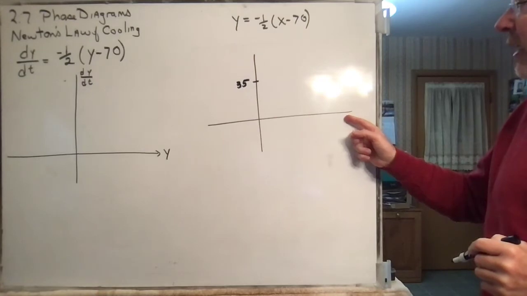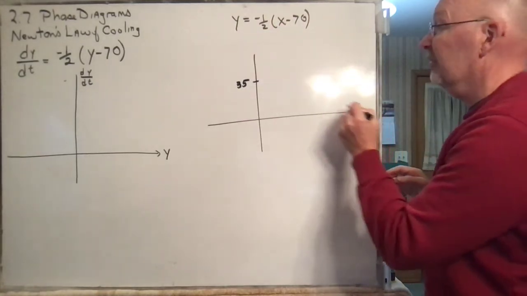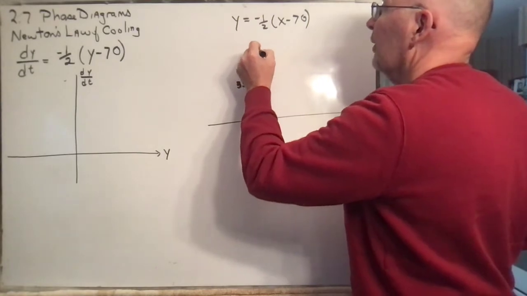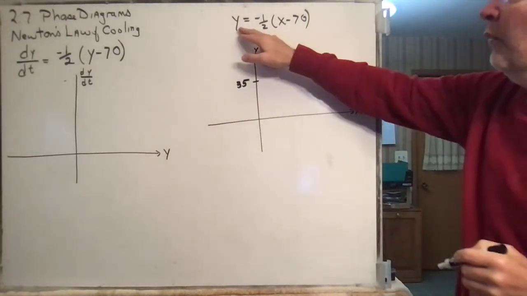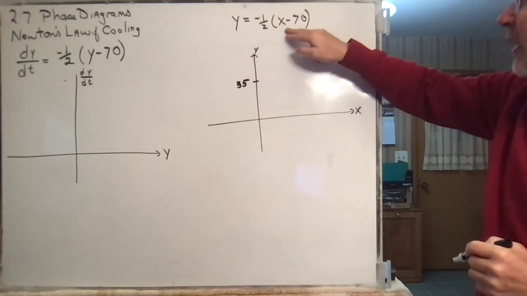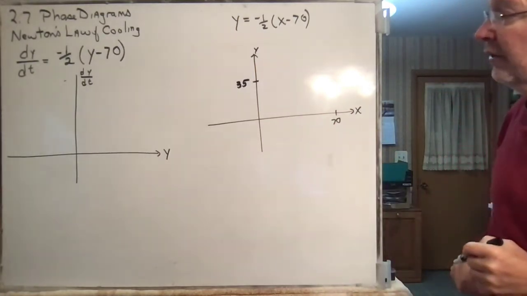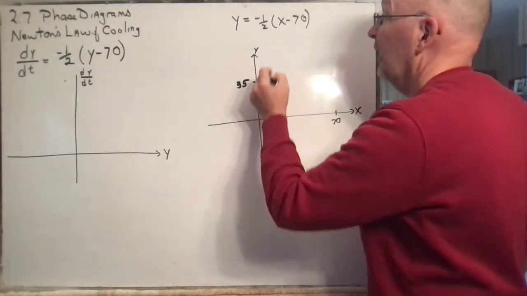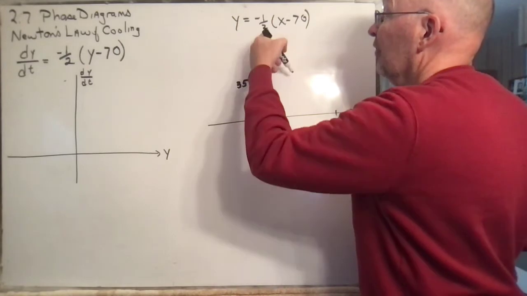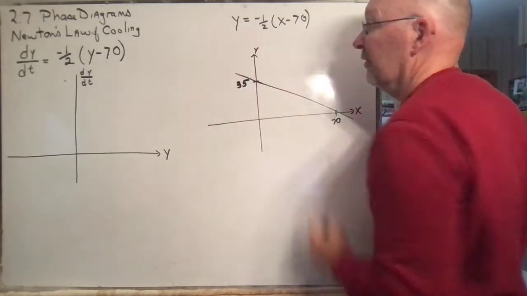And your x-intercept: if you want to know when y will be 0, this is your x-axis, this is your y-axis right there. This will be 0 when x is 70. So here you are at 70 right there. So there are the two intercepts, and once you have that, notice it's a straight line with slope of negative 1/2, which makes sense, and it looks like that.